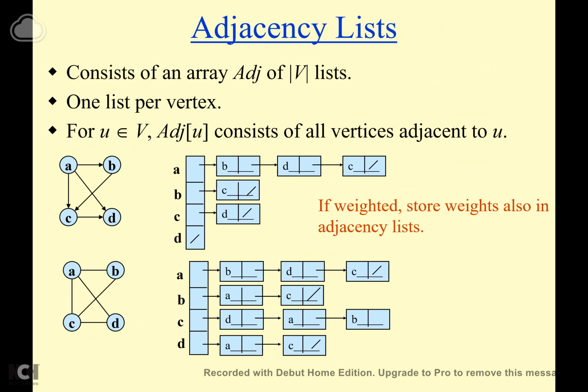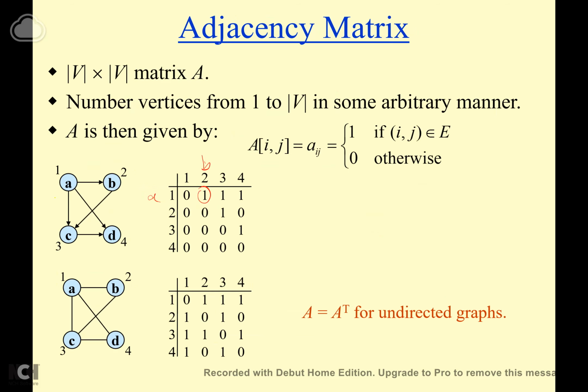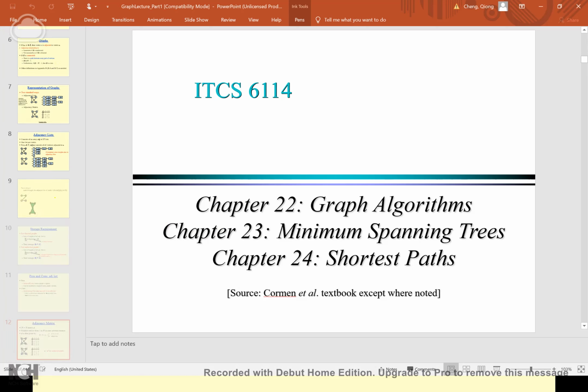Also here we talked about the adjacency list to store our graph, for the directed graph and also for the undirected graph, and also the adjacency matrix. And that's all for this video.